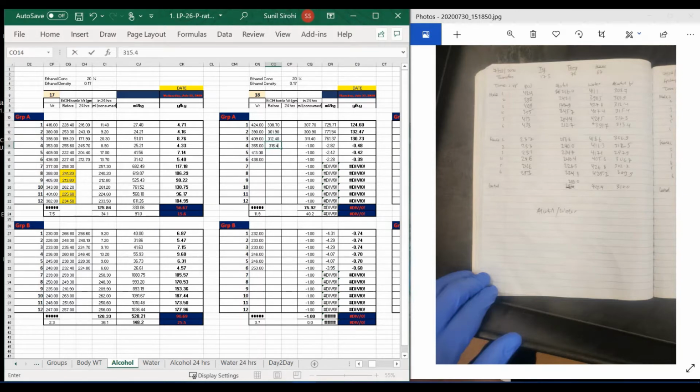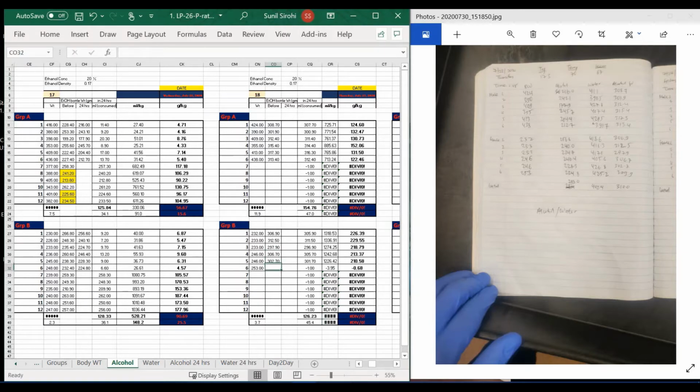So now I'm going to enter 308.7, 301.9, 312.4, 312.4, 315.4, 317.3, 313.4. Make sure you double check. I'm just double checking.